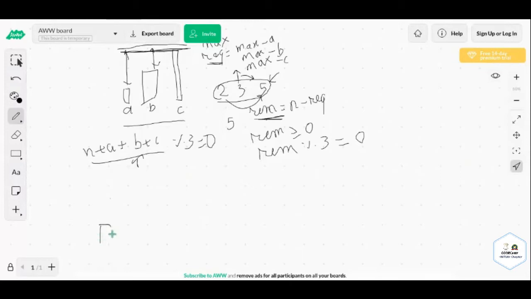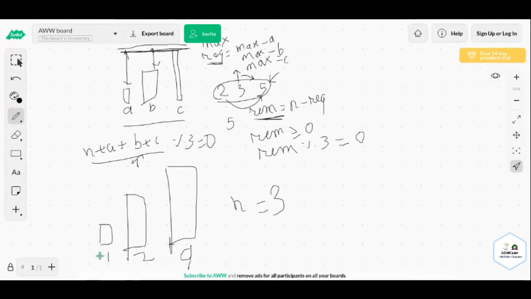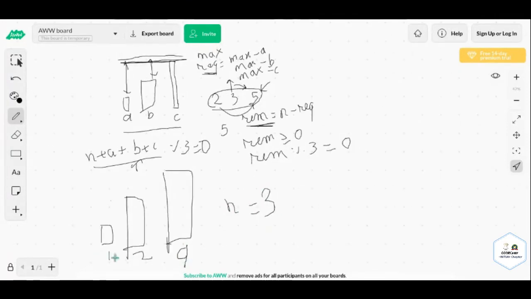Let's say A was 1, B was 2, and C was 9, and N was say 3. Now, A plus B plus C plus N is divisible by 3, that is a total of 15, and it is divisible by 3, right?